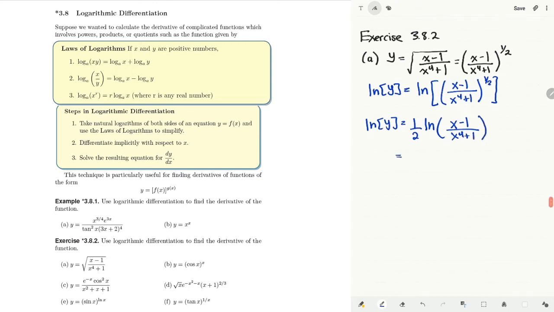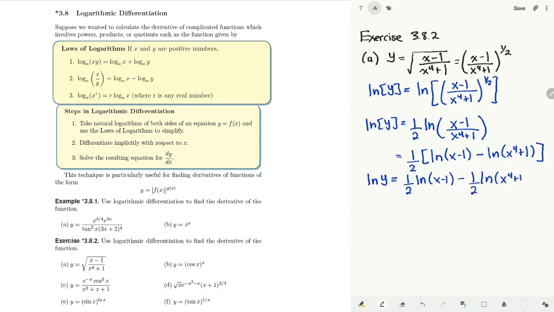And then we'll use the second logarithm law to rewrite the ln of x minus 1 over x to the 4 plus 1 as the ln of x minus 1 minus the ln of x to the 4 plus 1. And notice that the 1/2 will distribute to both of the logarithms. So we have the ln of y is 1/2 times the ln of x minus 1 minus 1/2 times the ln of x to the 4 plus 1.